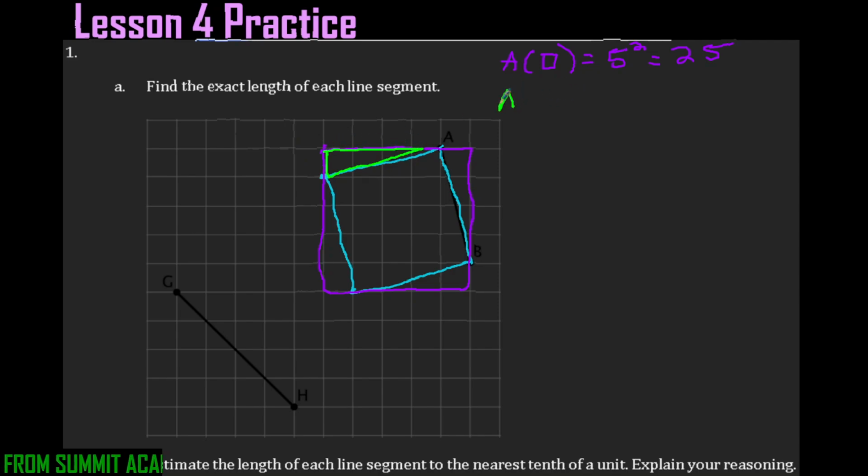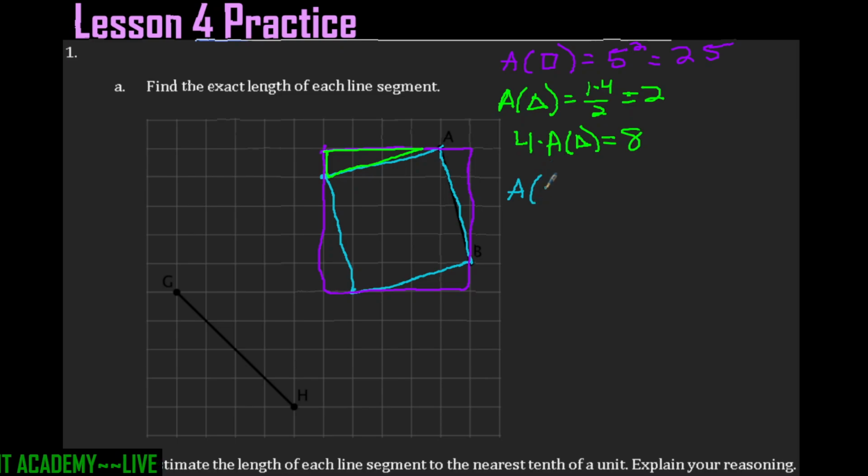The area of my triangle is 1 times 4 over 2, which is equal to 2. Since we have 4 of those triangles, multiply them together, so it's 8. The area of the tilted square in blue is 25 minus 8, which is 17.